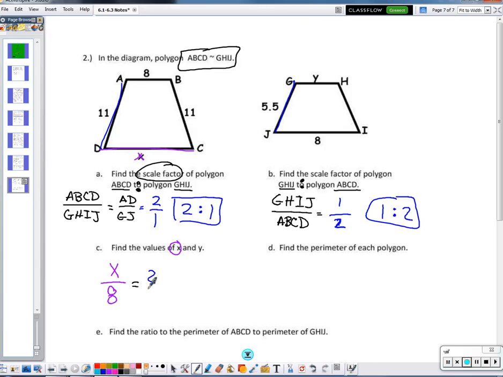Why did I put the 2 over 1 rather than 1 over 2? Because x is part of the ABCD polygon, so it's going to be up top. So what divided by 8? No, 8. What times 2 gives me 8? 4. So x equals 4.